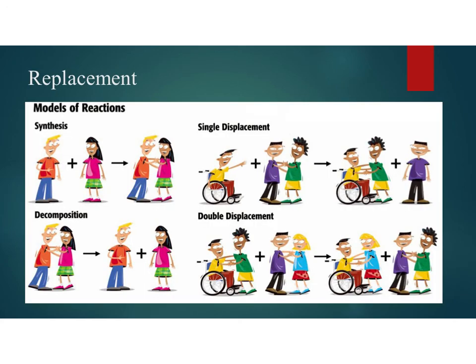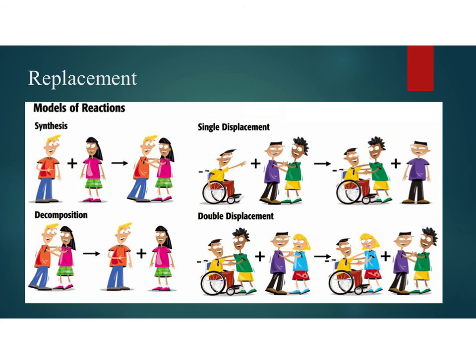So just as a quick review, we have 4 different types of reactions. We have the synthesis, where we start out with 2 individual pieces, and they react and form one piece. We have the opposite of that, which is a decomposition reaction, where we have one individual piece and it breaks apart into 2 or more.